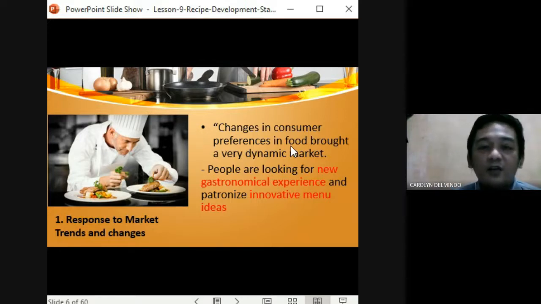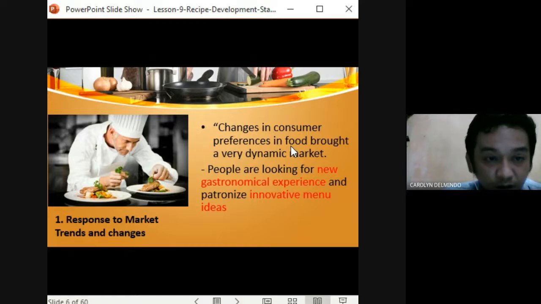We can call it our own recipe, or for example if we have a restaurant, this is our specialty in that restaurant. So it's continuous innovation. That recipe becomes a hit in that restaurant. Okay? Example, adobong mais with saging na saba. Okay, that's a hit in a certain restaurant. Okay?